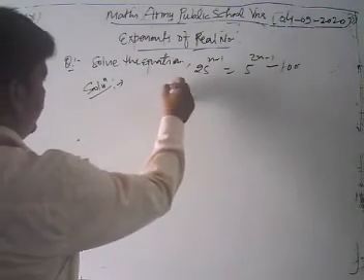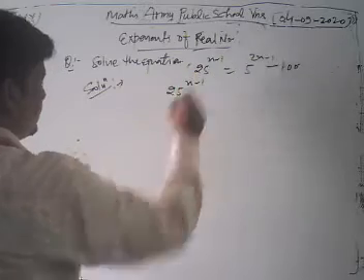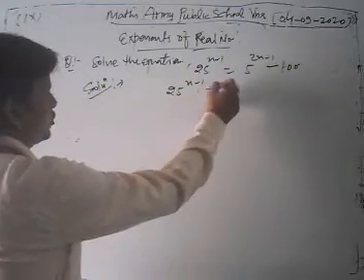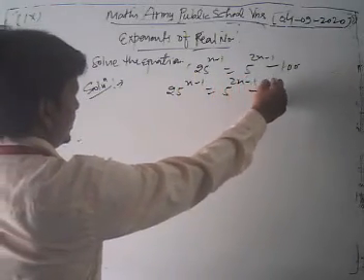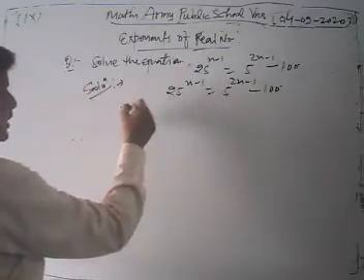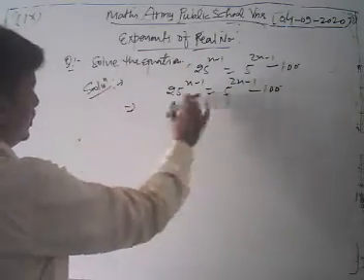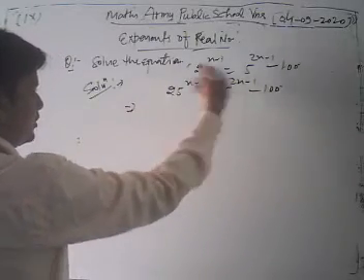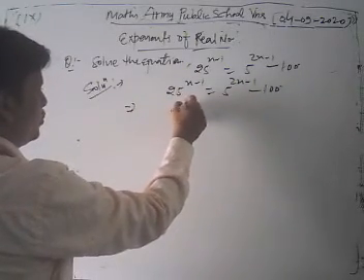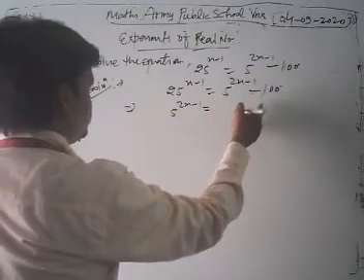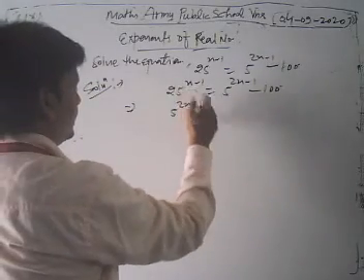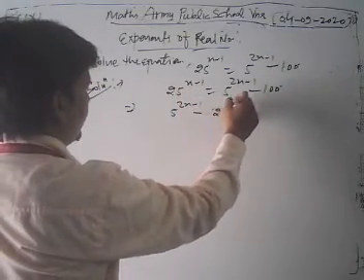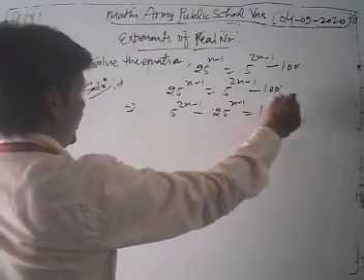Here we have 25 to the power x minus 1 is equal to 5 to the power 2x minus 1 minus 100. Now we transfer terms to the other side. First of all, 100 transfers to that side and the other term transfers to this side. So 5 to the power 2x minus 1 minus 25 to the power x minus 1 is equal to 100.